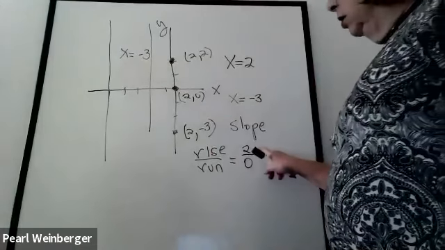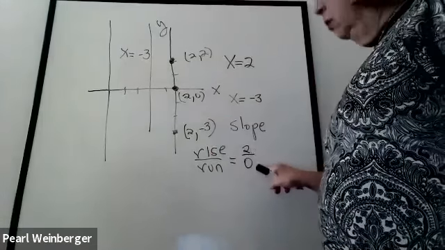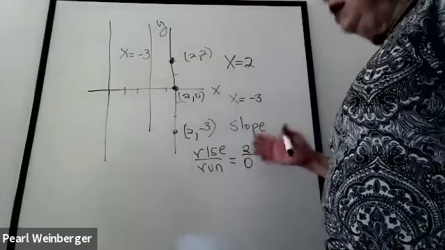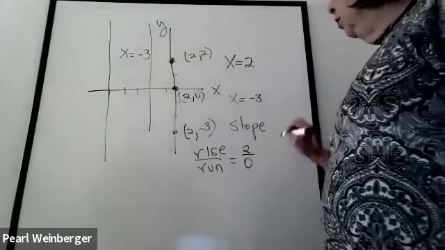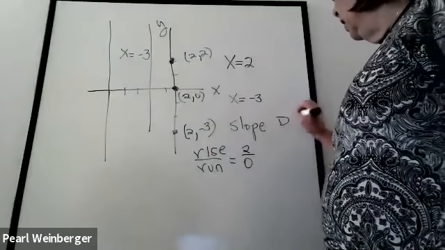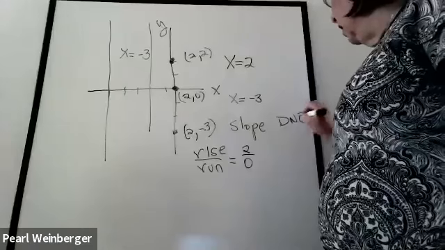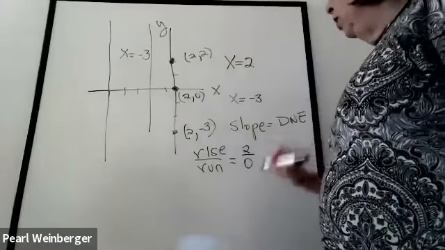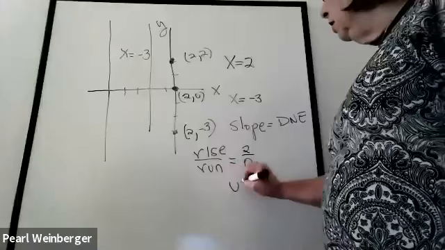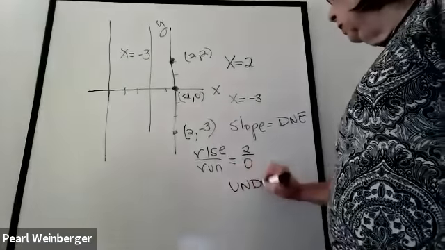Well, any number over 0 is not a real number. In other words, the slope, we can say, does not exist, DNE. Or sometimes we say undefined, which means the same thing.